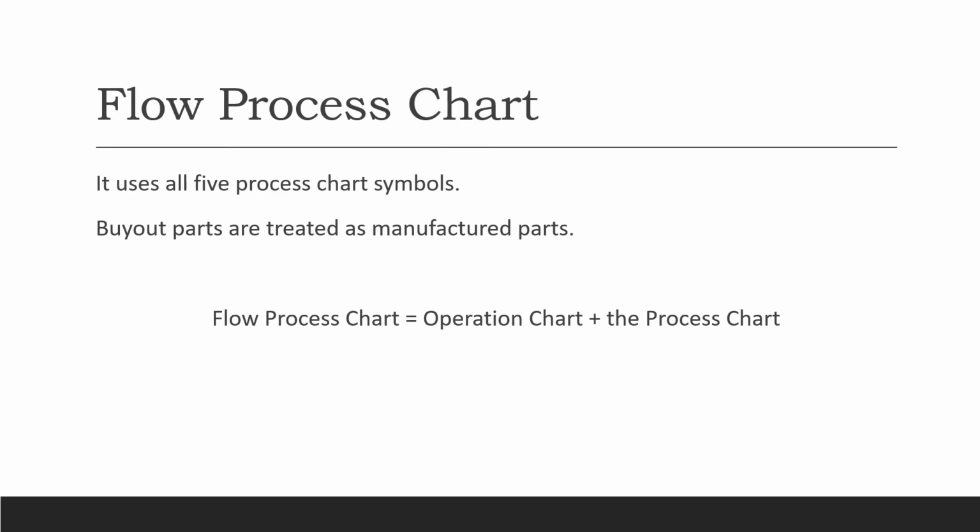Flow process chart uses all 5 process chart symbols. So the only thing new here is buyout parts are treated as manufactured parts. Flow process chart is nothing but operation chart plus the process chart. So you do the first chart, second chart, and that is called flow process chart.